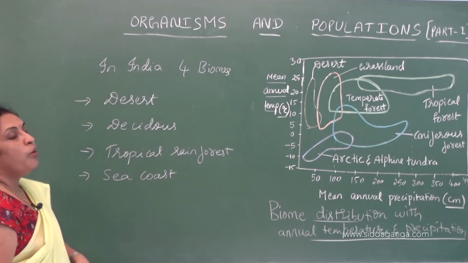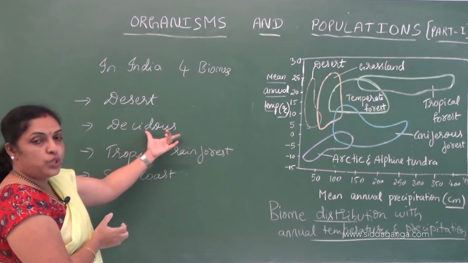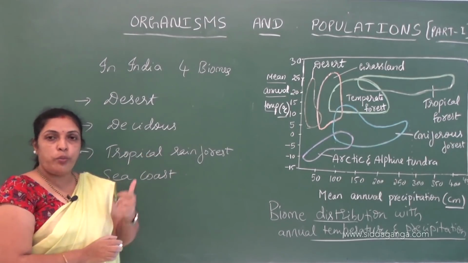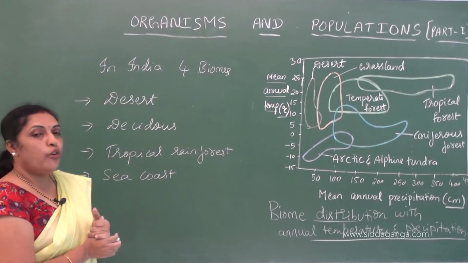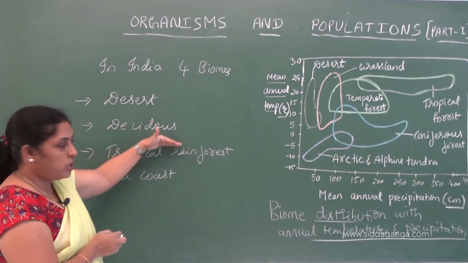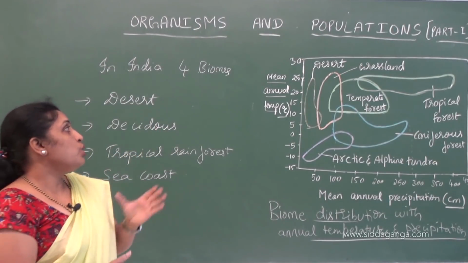So we have 4 biomes in India: desert biomes, deciduous, tropical rainforest and sea coast. 2 marks question: Name the 4 biomes present in India. So you have to write desert, deciduous, tropical rainforest and sea coast.